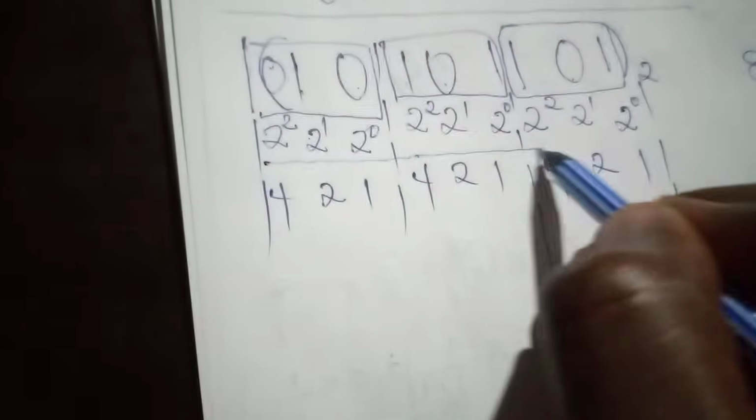Now I have to multiply these numbers that I've corrected with the binary number that I converted.